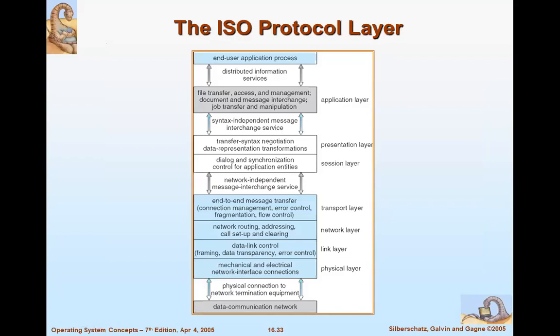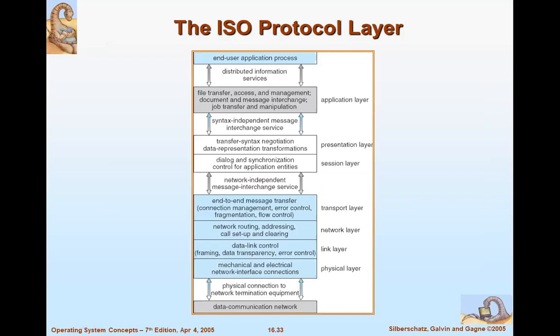So here you can see the application layer, distributed information services, responsible for file transfer, access and management, document and message interchange, job transfer, and manipulation as well. You can further see that there is no dependency on any other layer related to the message processing.